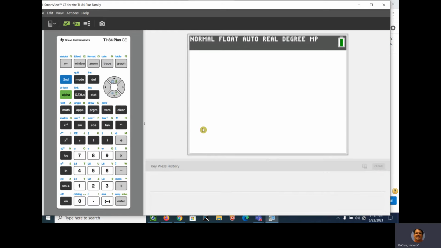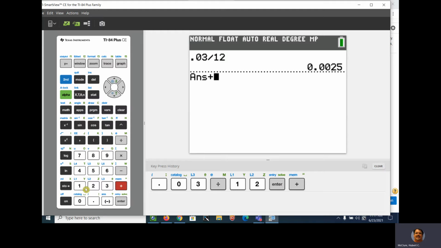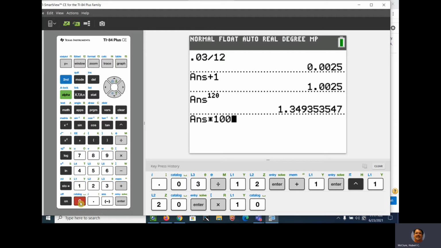Now let's do it compounded monthly. That's going to be 0.03 divided by 12 plus 1, raised to the 120th power, multiplied by 1,000.